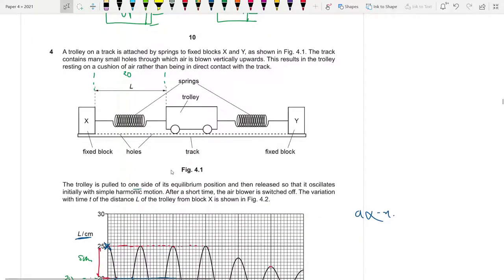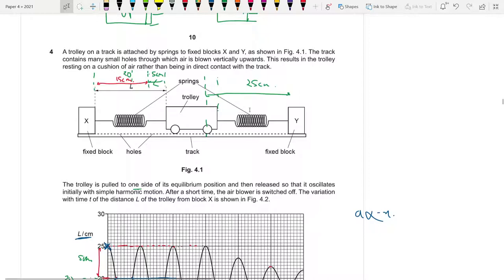It is pulled to one side of its equilibrium. Maybe it was pulled 5 centimeters to this side, then what happened to this one over here? It got extended by a bit, right? It got extended to 25 cm, and on the other side it got contracted and it's 15 centimeters now.